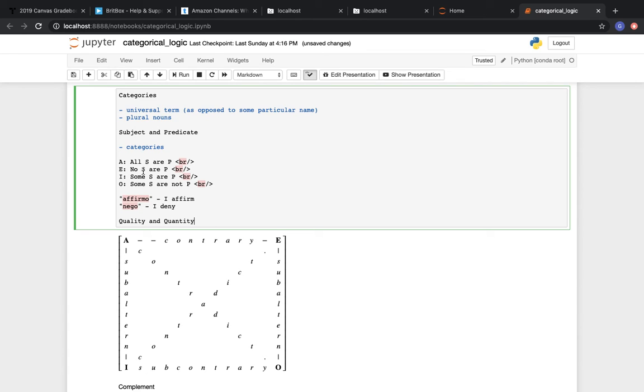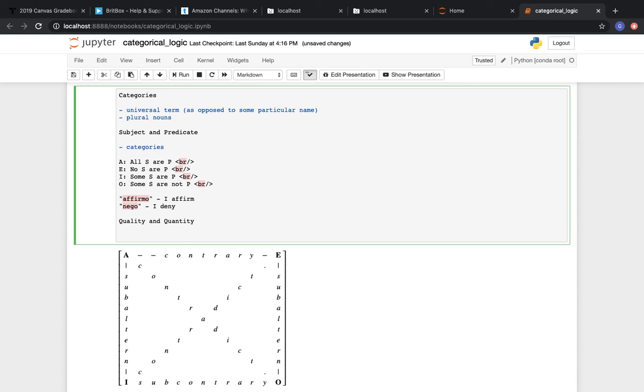They're saying of S, in the E case, that none of them is a P, or, in the case of the O claim, that some of them are not P's. Right? So the E and the O are making negative statements. They're denials, while the A and the I are making affirmative or positive sorts of claims. And so, hence the affirmo for those and the nego for the E and the O.